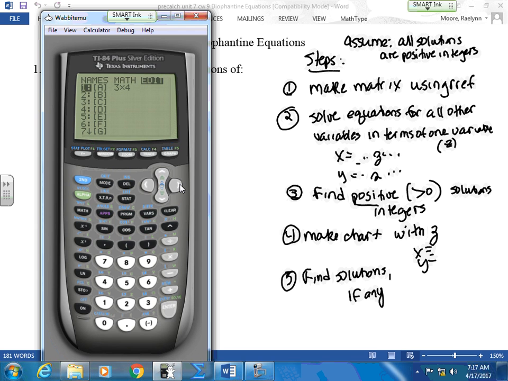I'm going to do mine up here since it's easier than doing it over there. Okay, so you're going to put the first one in there, put all your coefficients and your constants.